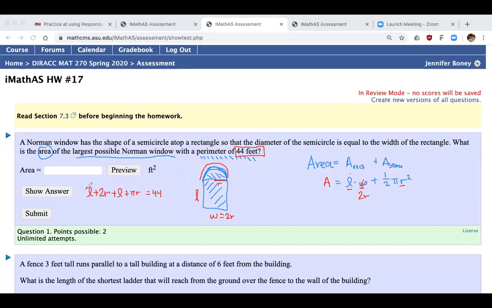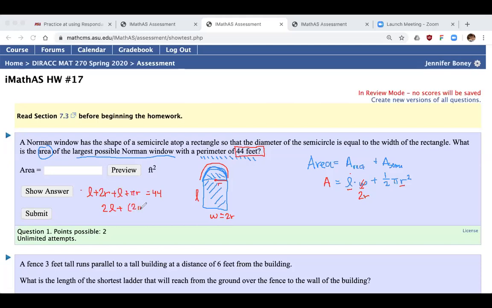So this is what's going to allow us to eliminate our other extra variable, because L and R can't be anything that we want them to be. They can only add up in this way to make a total of 44 at most. But since we're trying to maximize, I'm going to just say that they have to equal 44. So I've got 2 L's and 2 plus pi R's, just cleaning this up a little bit.